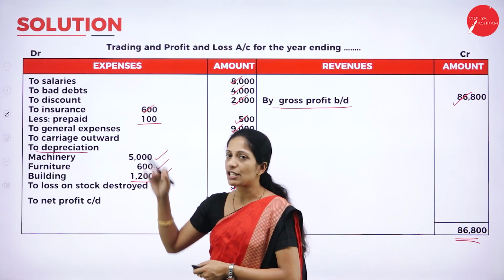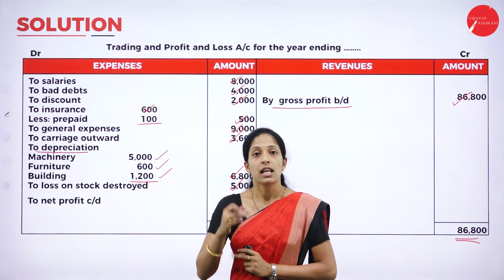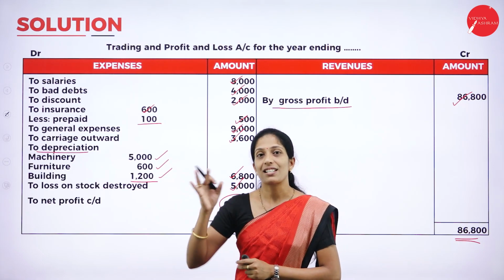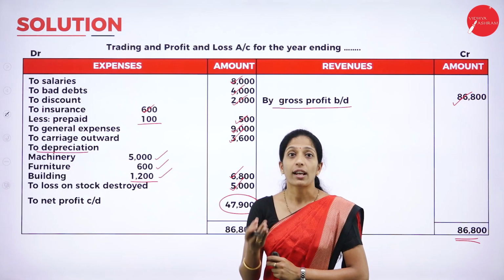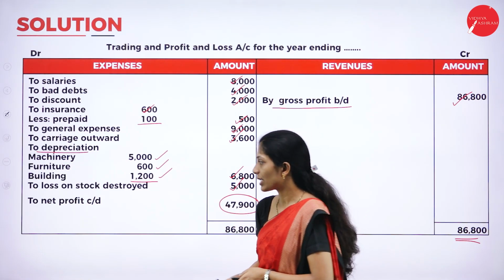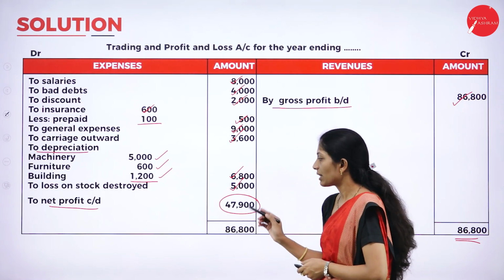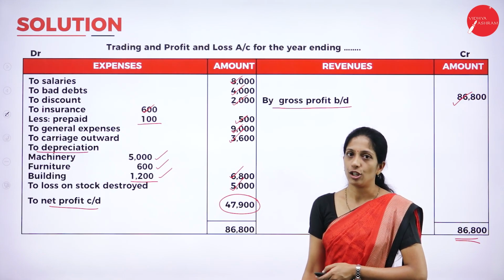By preparing this profit and loss account, the balancing figure will be net profit or net loss. If your credit side is more than debit side, then it is net profit. If the debit side is more than credit side, then it is net loss. In this problem, your credit side is more than debit side, so it is net profit. So, to net profit carried down 47,900. Hope you are clear with trading profit and loss account.